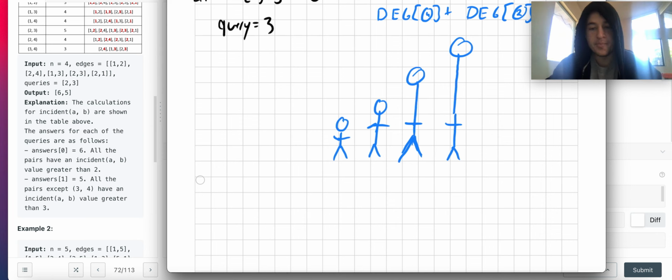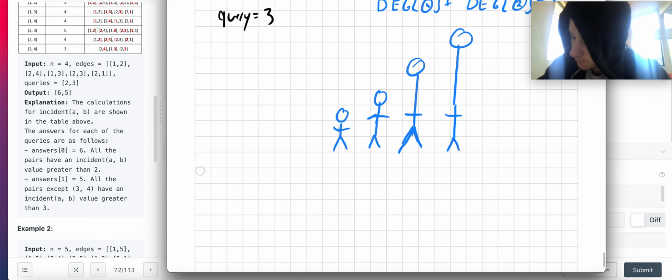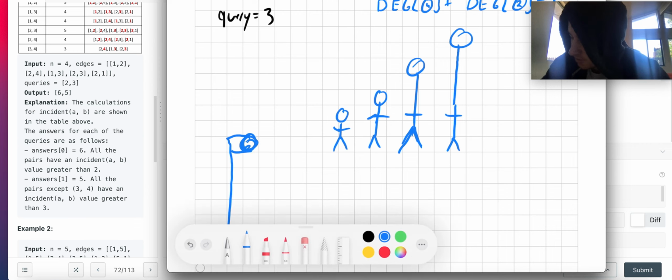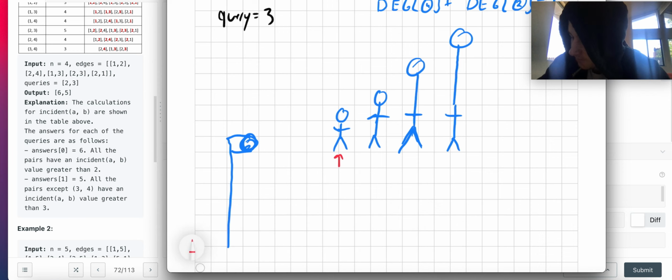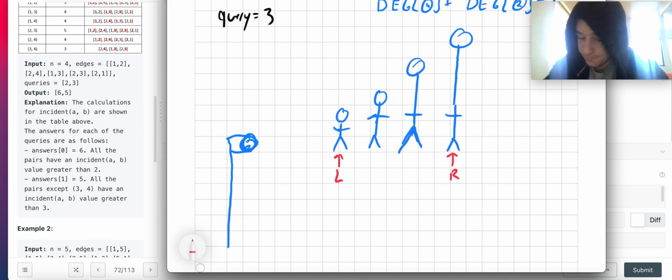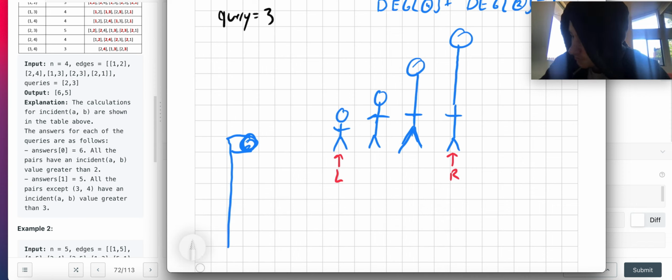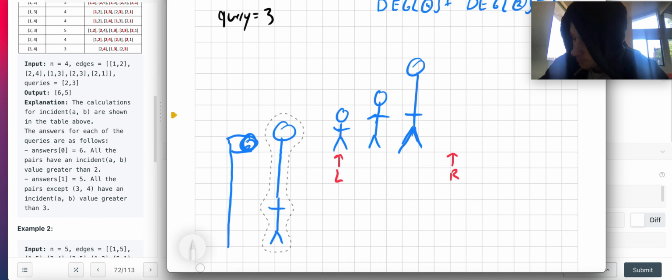So we had these 4 people and they're sorted by size, right? And then you had a basketball hoop here of this size. If the shortest person, which is our left, right? Because we have this idea of left and this idea of right. If the shortest person, let's make this basketball hoop a little bit taller.